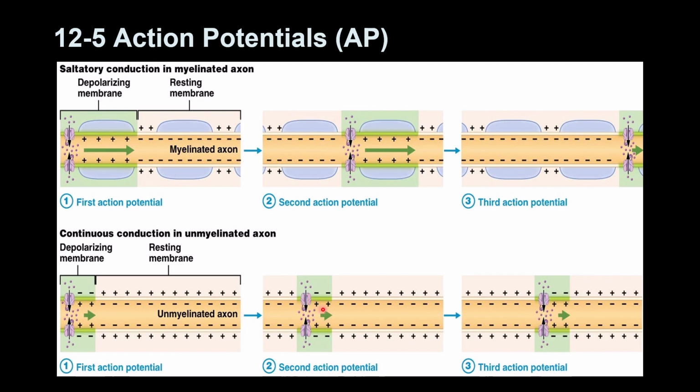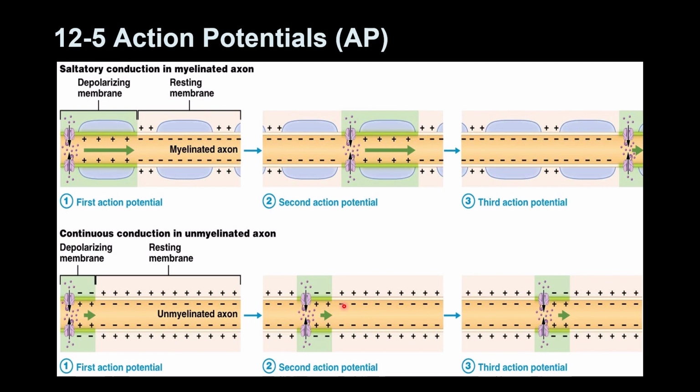Once that becomes active, that small area, the membrane potential will change, and you have to have another voltage gated channel very close to that, and then that will become active, and this should be another one here, another one here.